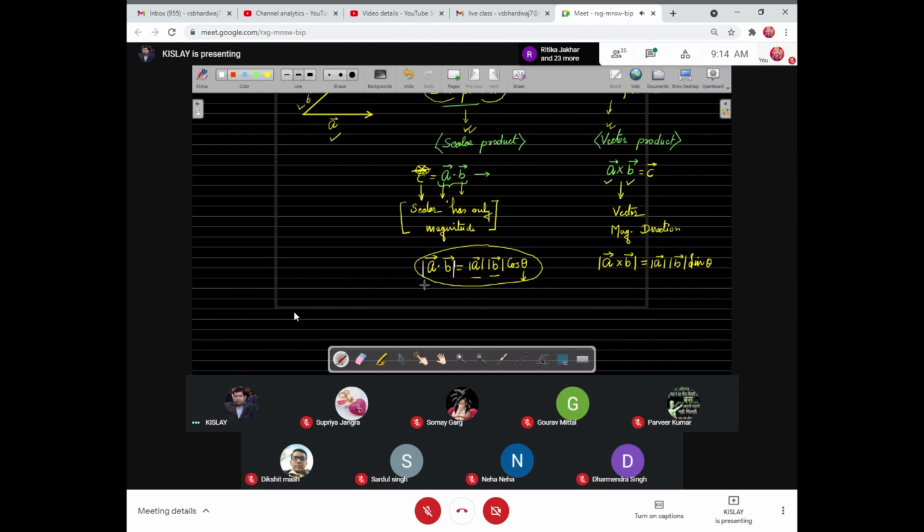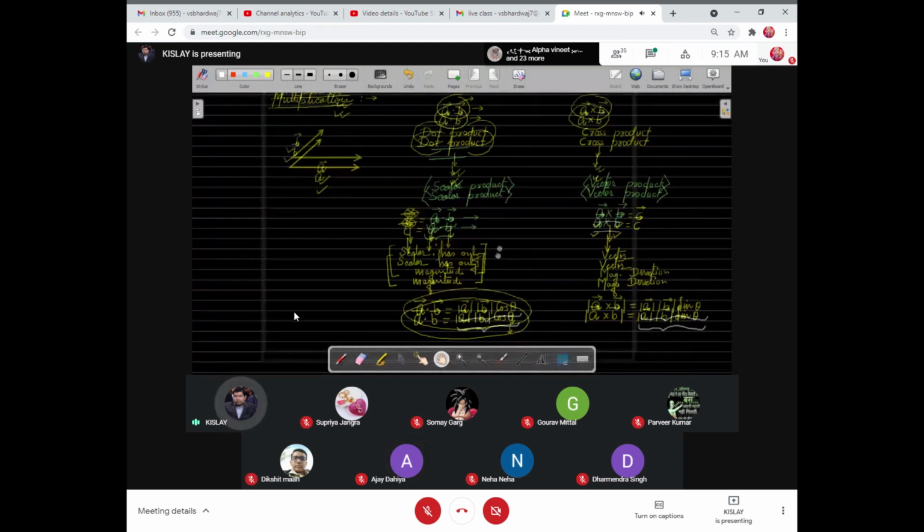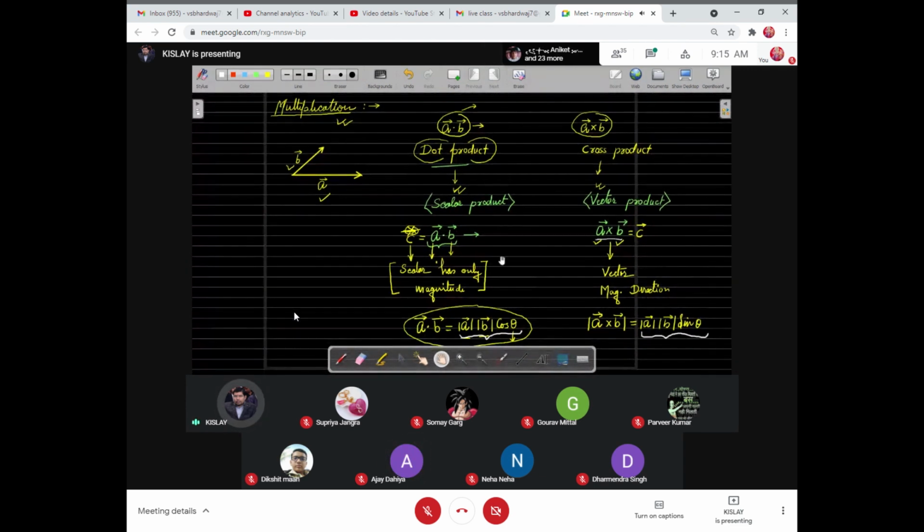Here we don't need to put mode. यहाँ पे मोड की जरूरत नहीं है. ये मोड मैं यहाँ पे नहीं लिख रहा हूँ, because it is already a scalar quantity. So whatever is written here, that is the scalar quantity and it is only the magnitude. But here whatever you have written, it is only the magnitude and it is a vector quantity. So we must put mode. Is it clear to all?